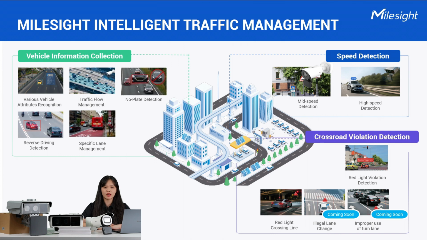Thirdly, some of our cameras, especially the Traffic X cameras, can do crossroad violation detection, like red light running, or other promising or still developing functions, such as illegal lane change or improper use of turn lane. Here I will introduce these three applications one by one for your better understanding.